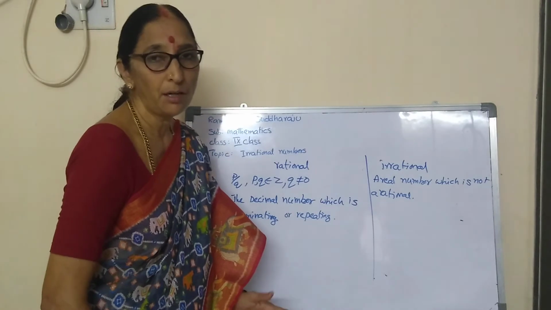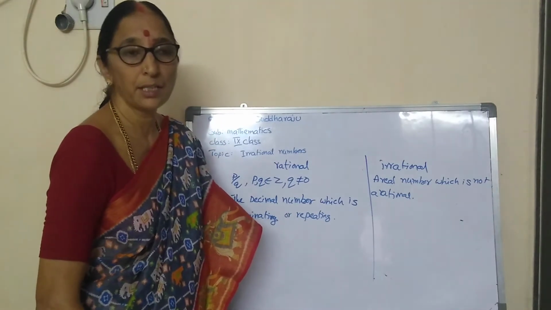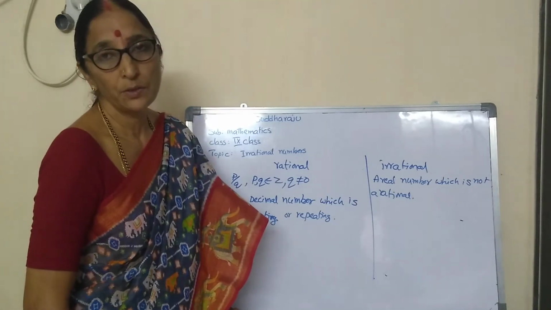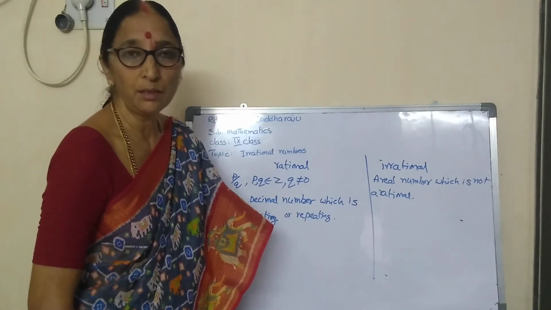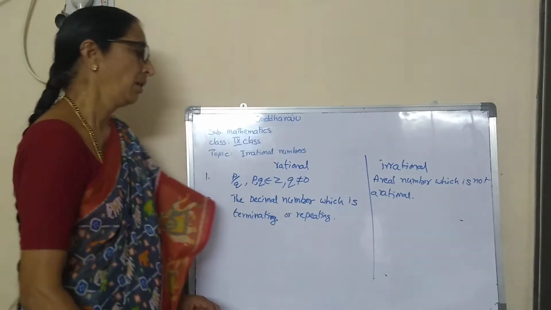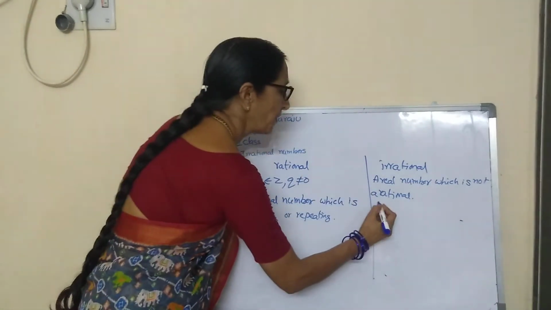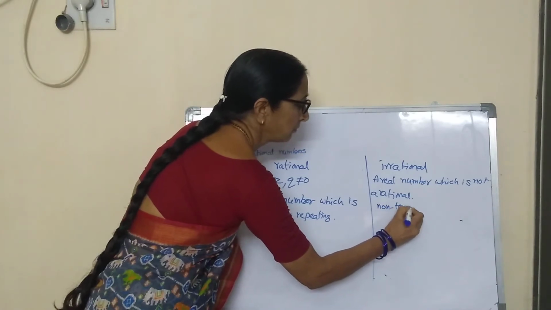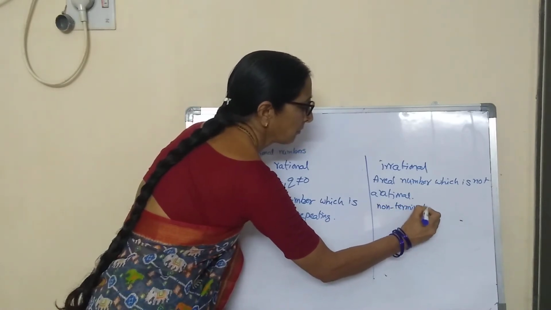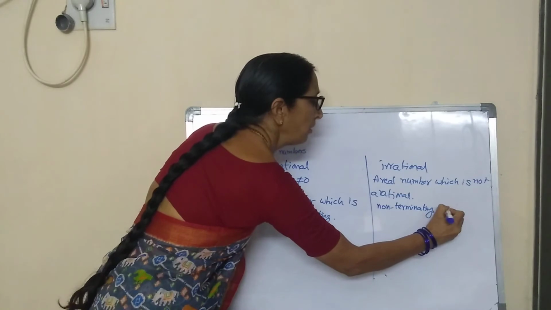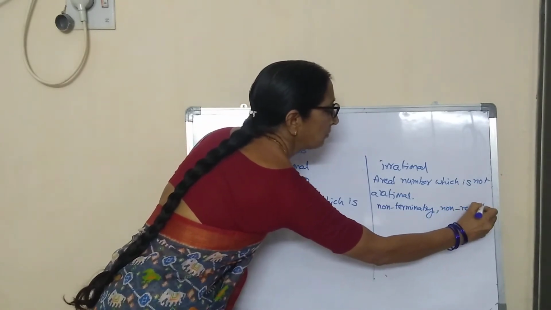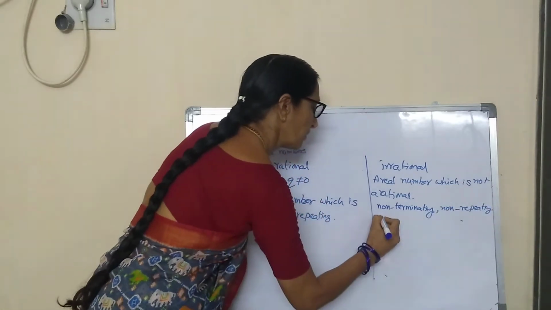We can write a terminating decimal in the form of p by q and also a repeating decimal in the form of p by q. Irrational means non-terminating, non-repeating decimals.